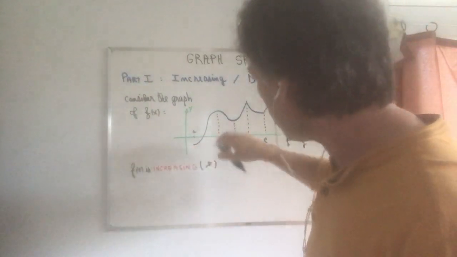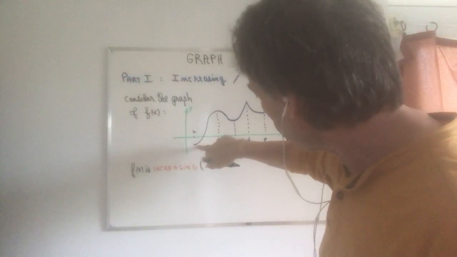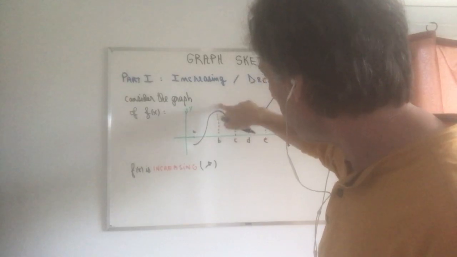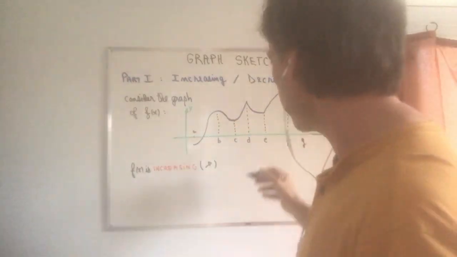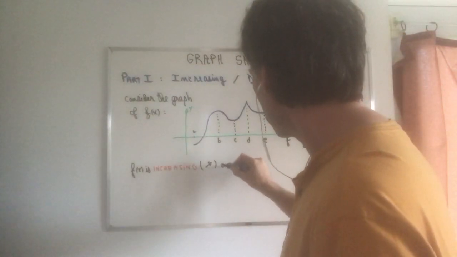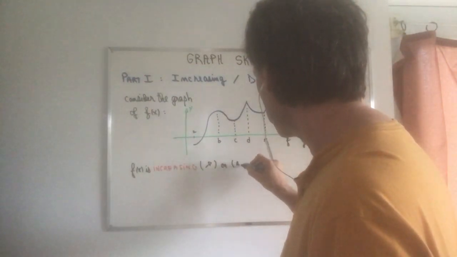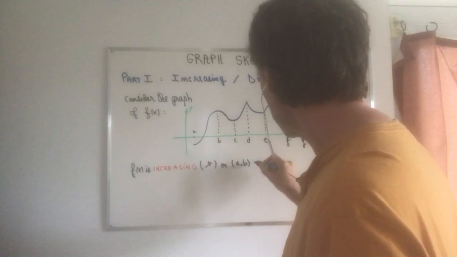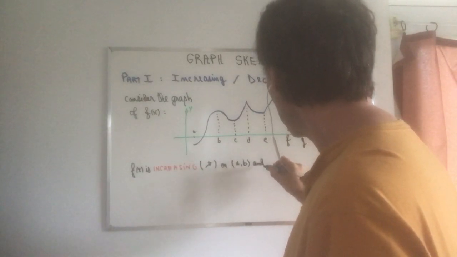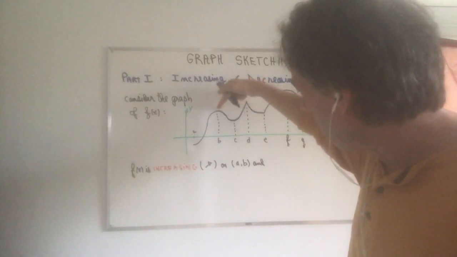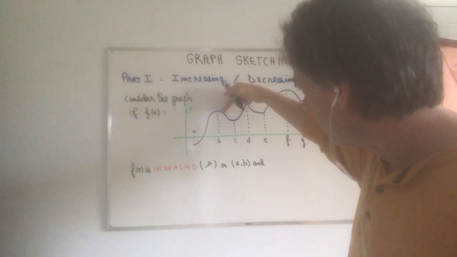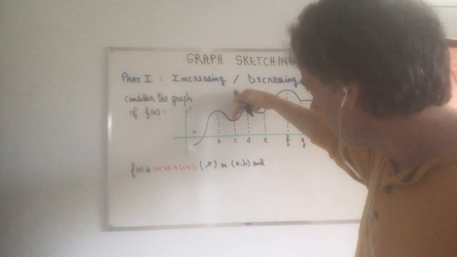Well, from A to B, as I move from left to right, the curve is going up, up, up until B. So definitely the interval AB is an interval for which f is increasing. So I'm going to put open intervals here. What else? Is it increasing on B to C? No, because from B to C, going again from left to right, the curve goes down.